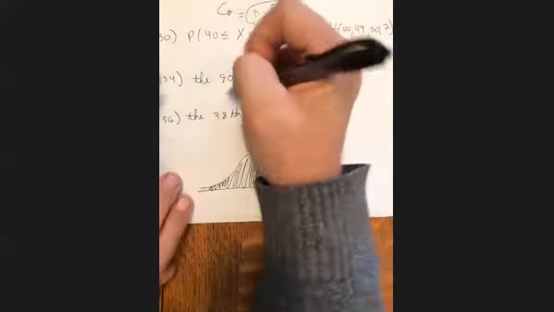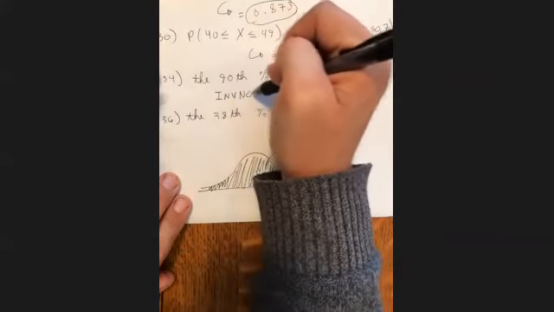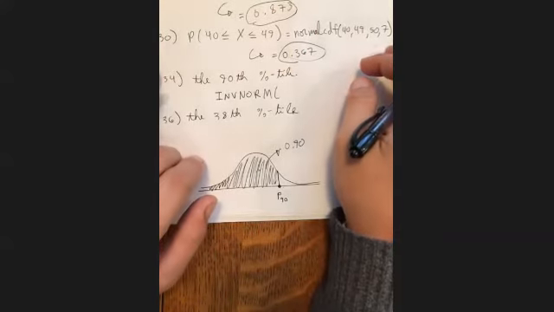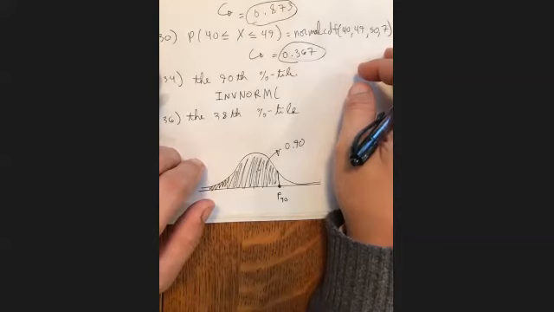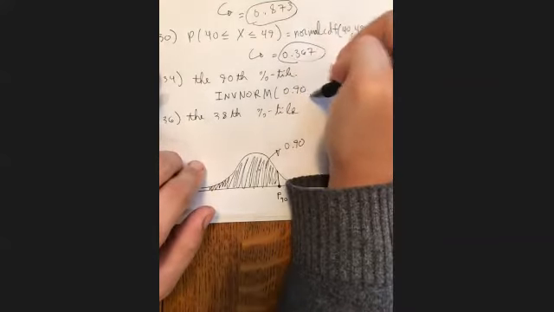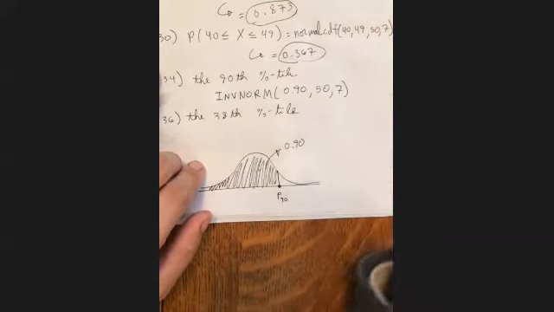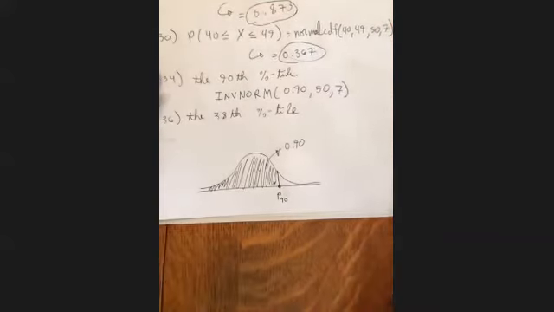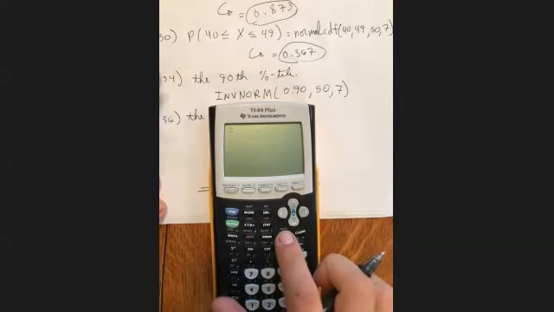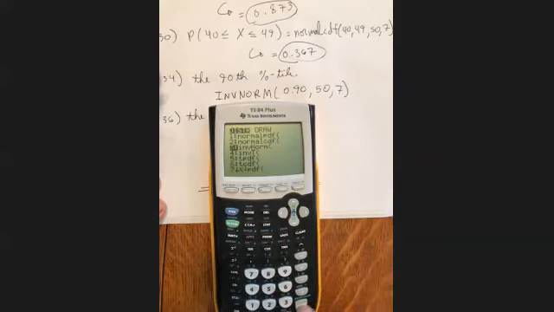So in this case, we use the inverse norm function, which takes in 3 inputs. The first is the area, then the mean, then the standard deviation. So inverse norm, access it the same way. Second vars, inverse norm is the third selection down.